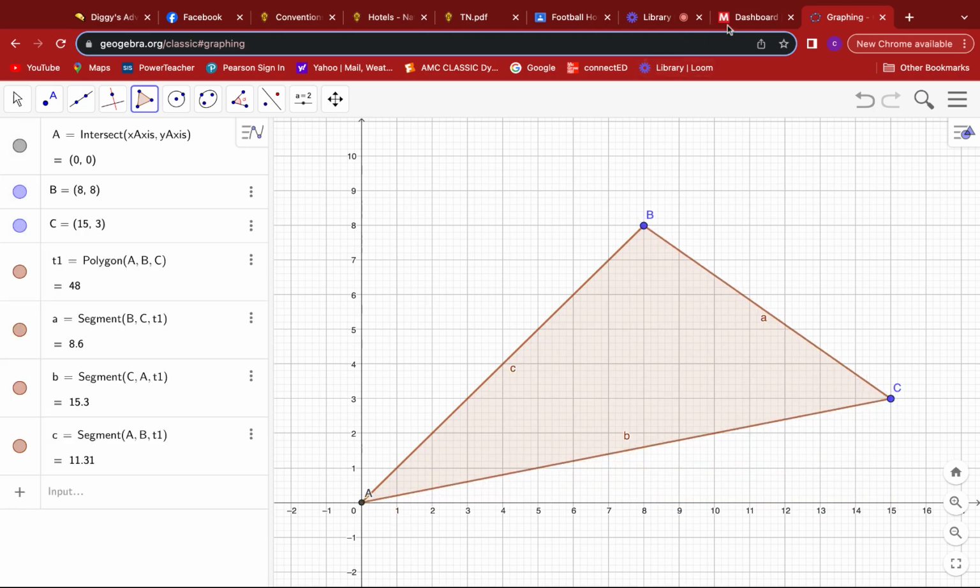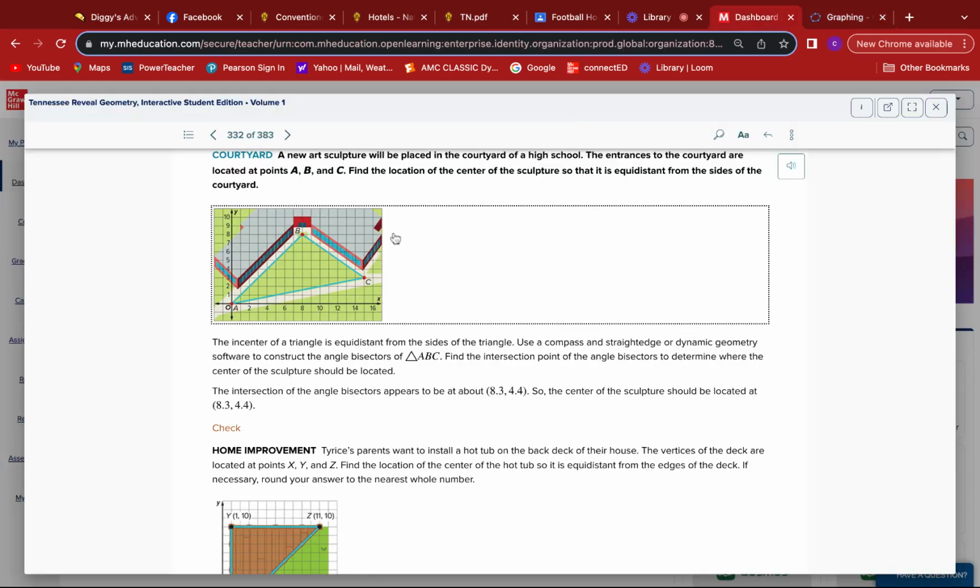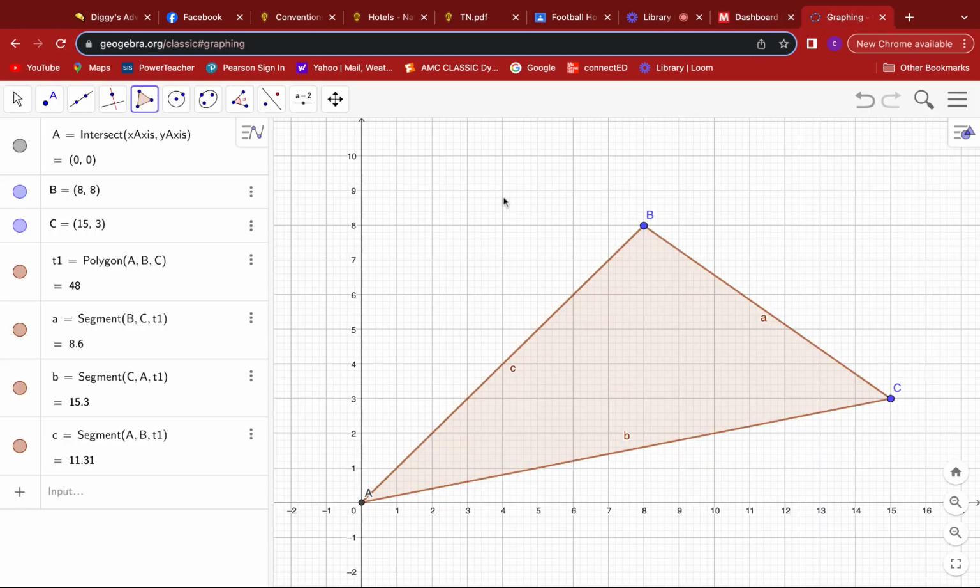All right, and I'm going to do angle bisectors because I want to prove that this is the incenter. Their answer is 8.3, 4.4. If you've never done GeoGebra before, not a problem. It's the fourth icon from the left.